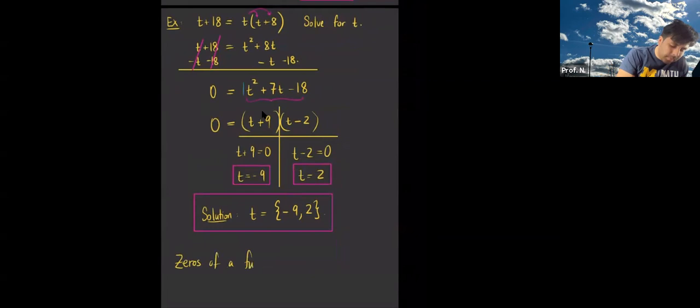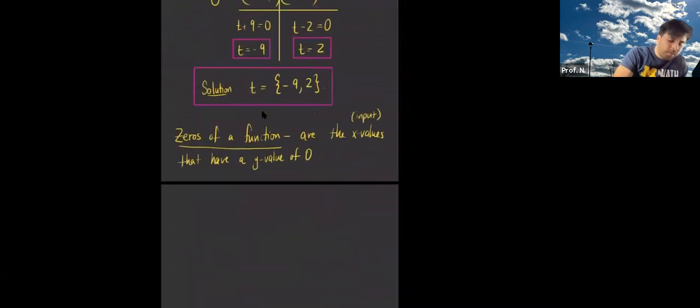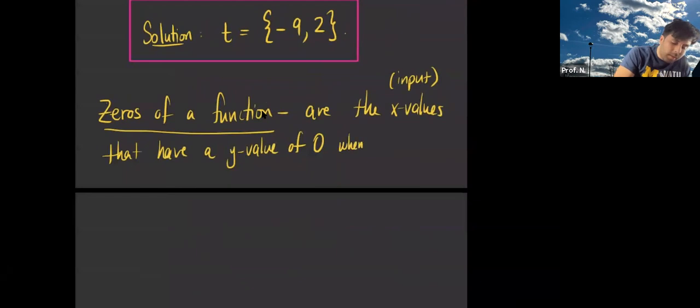So the zeros of a function, recall, are the x values, or you can say these are the input values, that have a y value or output value of 0 when the x values serve as input to the function.